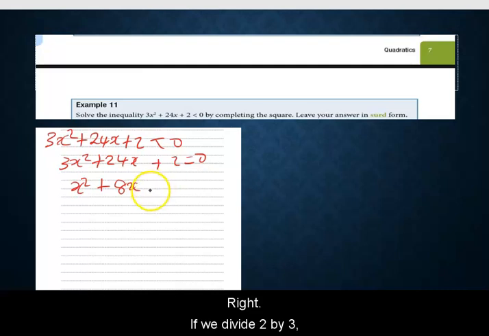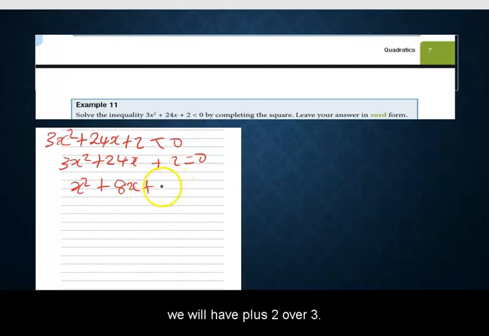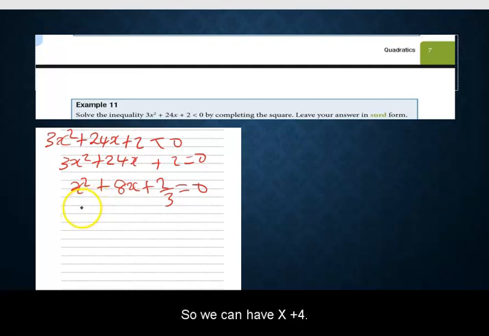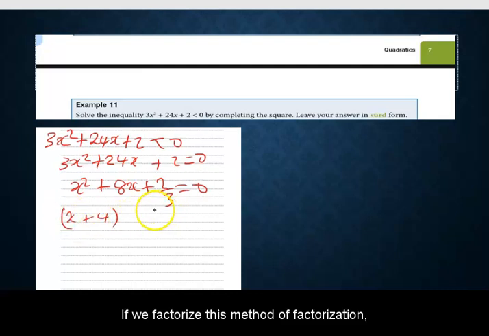Right. If we divide 2 by 3, we will have plus 2 over 3. So this is equal to 0. And now we can try to simplify 8x and x. So we can have x plus 4, factorized by the method of factorization, squared.